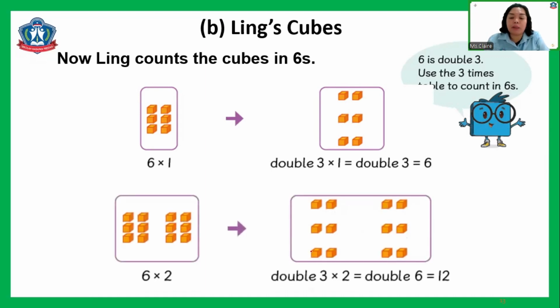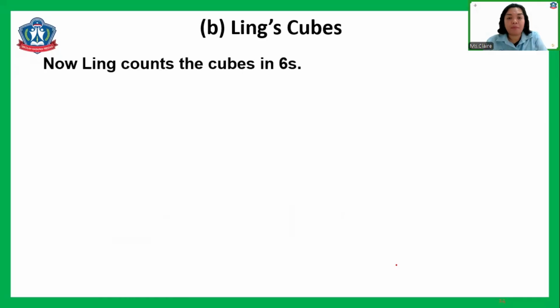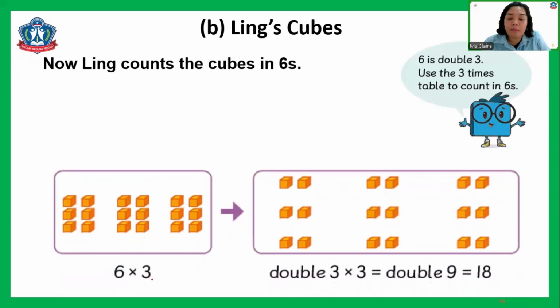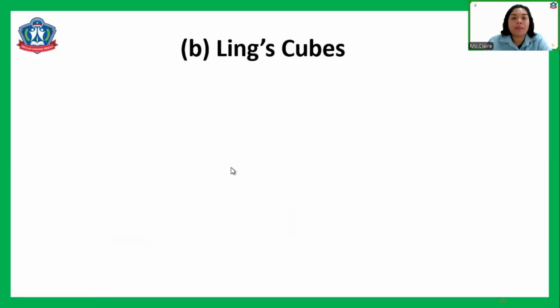When we see 6 times 2, it means that double 3, which is 6, multiplied by 2, that is 12. Double 6 is equal to 12. Now Ling counts again. So we have 6 times 3 means the double 3, which is 6, times 3, that is 18. Alright, so 6 times 3 is 18.